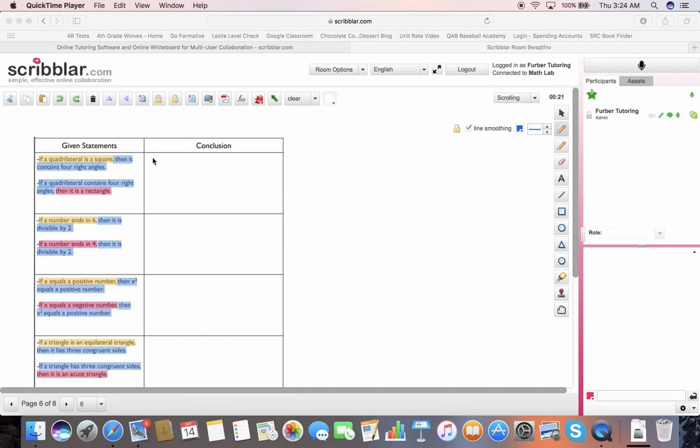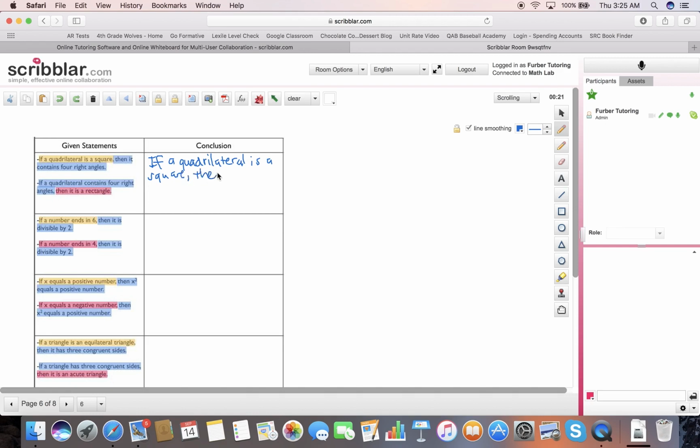So for my conclusion, I'm going to be able to state: if a quadrilateral is a square, then it is a rectangle.